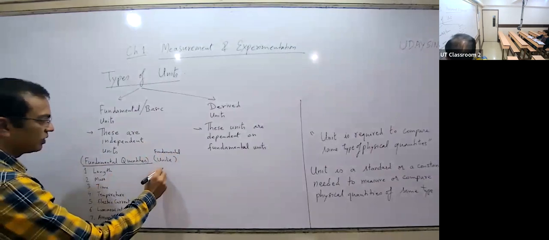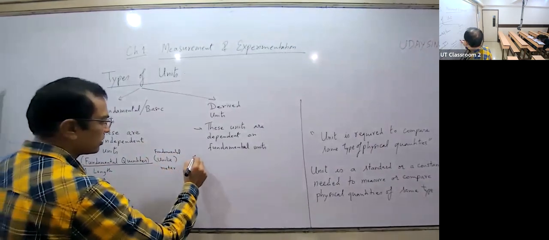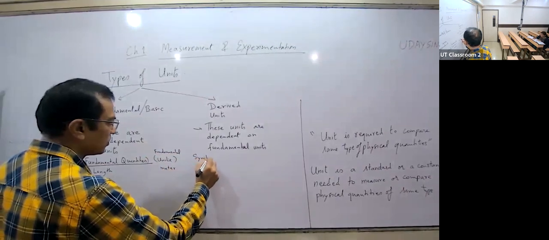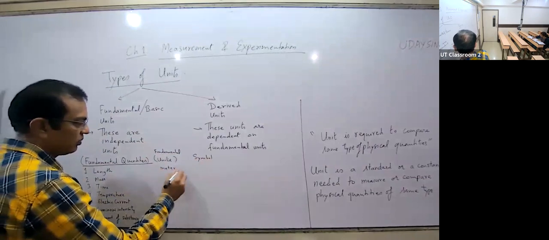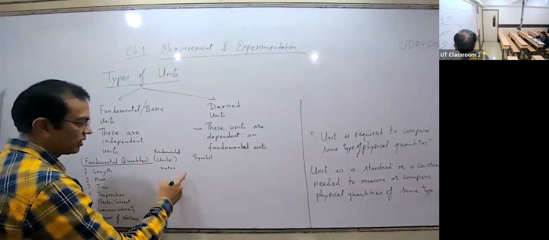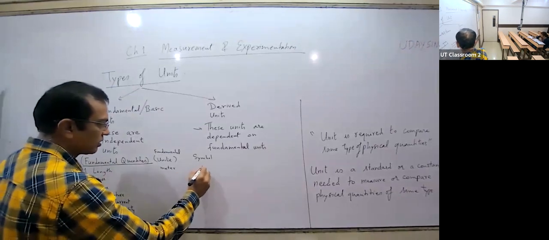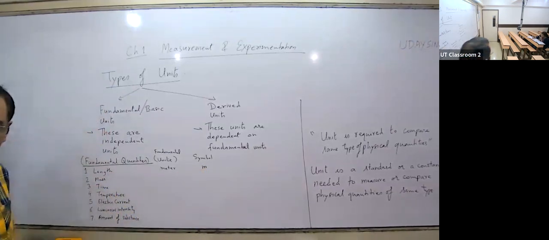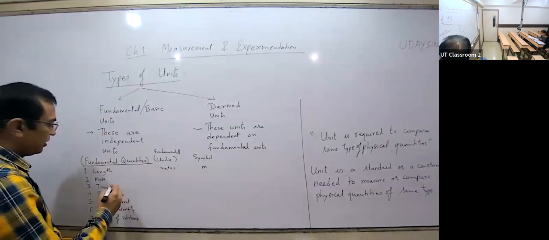So what is the unit of length? Meter. And what is its symbol? When you write it in full, it is meter, always written in lowercase, and the symbol is small m. Okay. So this is how you write the units.